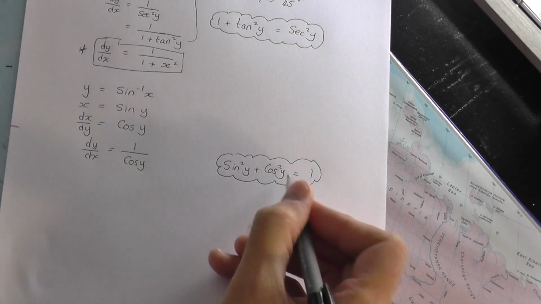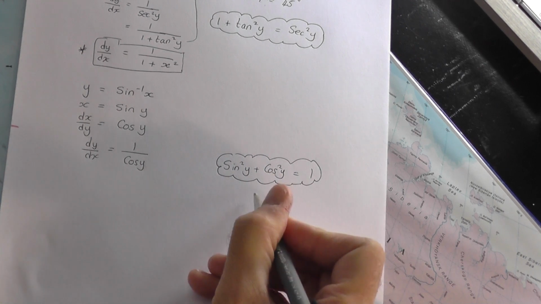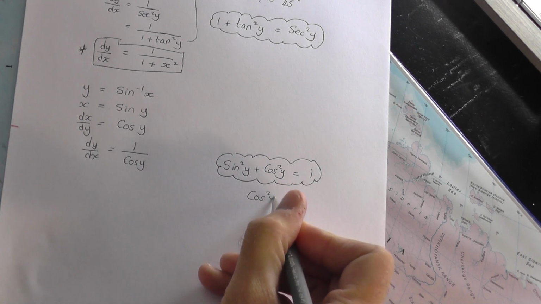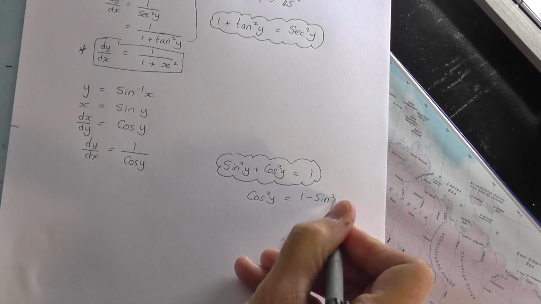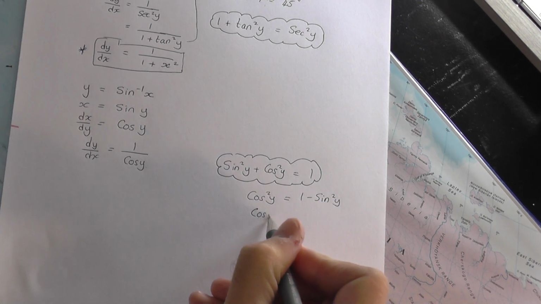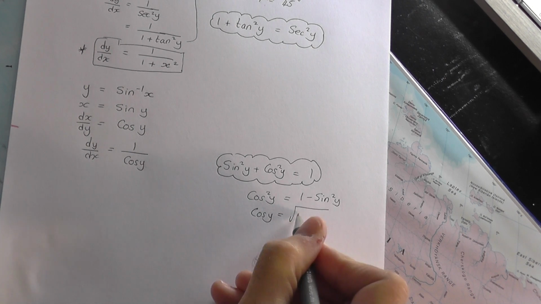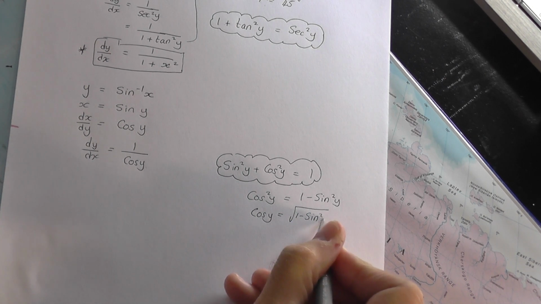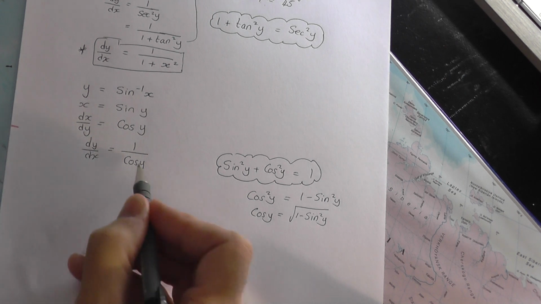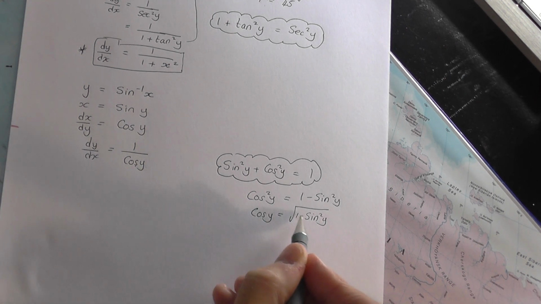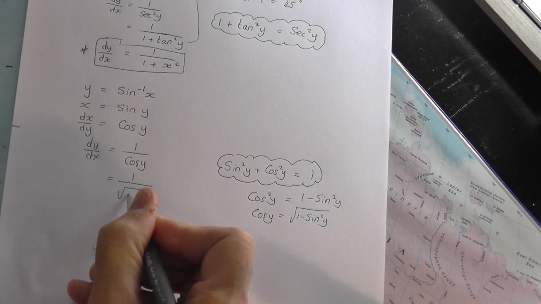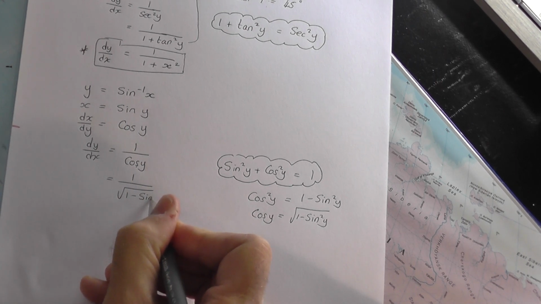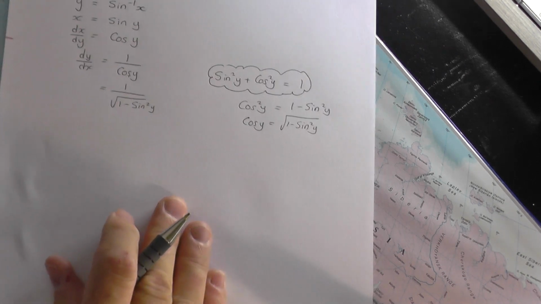Right, so what does this mean? Well, I can rearrange this and show you that cos squared y is the same as 1 minus sine squared y. And so cos y is the square root of 1 minus sine squared y. So we'll write this as the square root of 1 minus sine squared, like so.